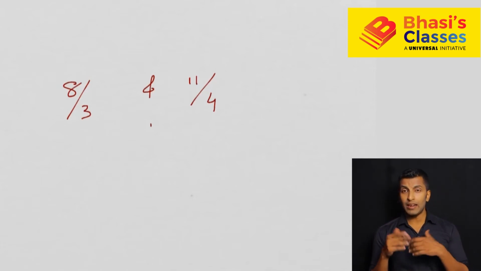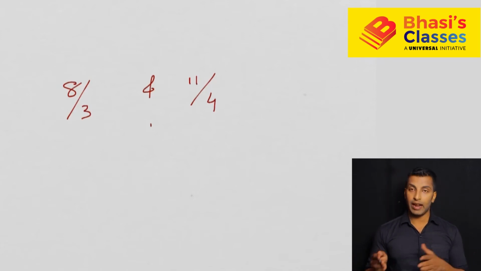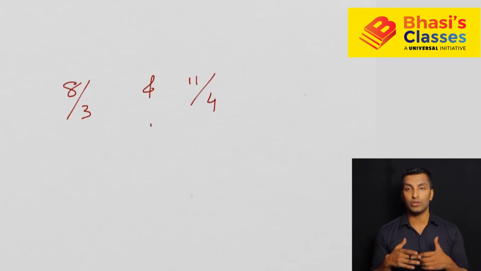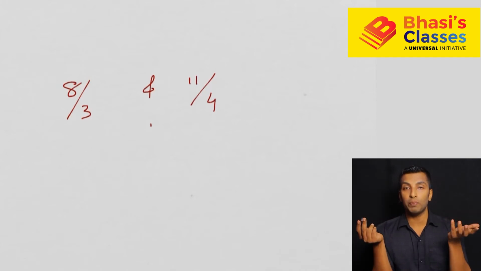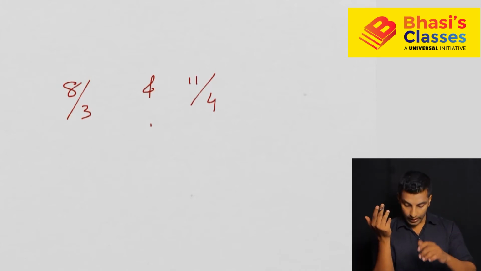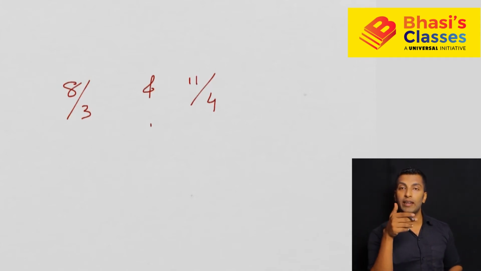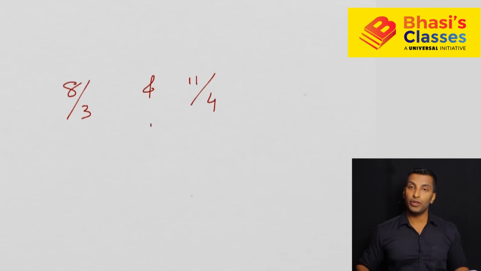If you can convert these into percentages, it's fine. Just multiply by 100 here and here, and then you will get the percentage equivalent, so that you can understand. But without doing that, what you can do is, see, when you are converting into percentage, effectively what you are doing is converting the denominator in both cases to 100. There also you are making it a common denominator, right?